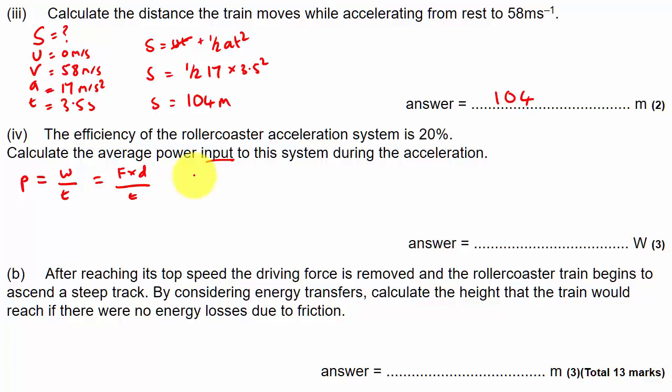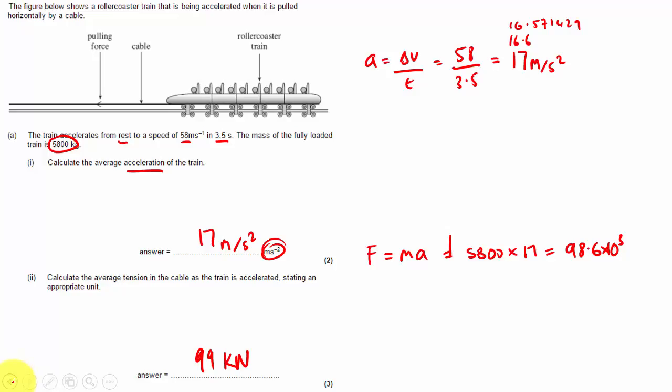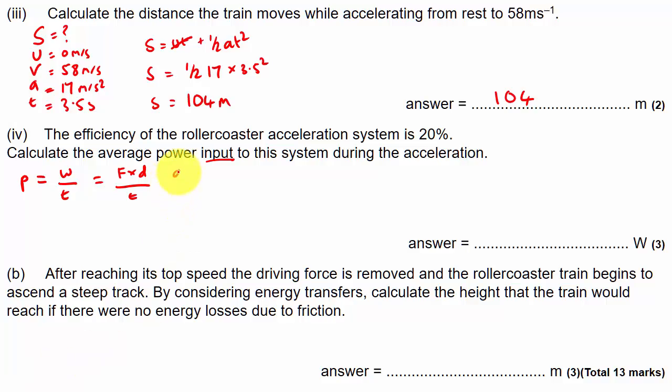So we're going to work out how much power the roller coaster has received usefully. So the roller coaster had a force of 99 kilonewtons applied to it, 99 times 10 to the 3, and it's been moved through a distance of 104 meters, and it happened in a time of 3.5 seconds.